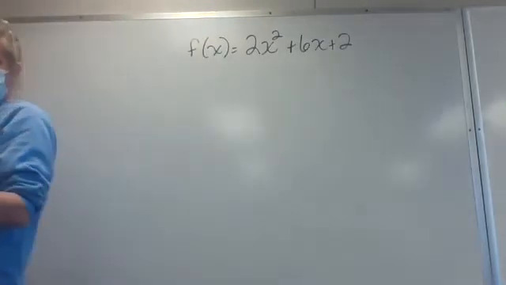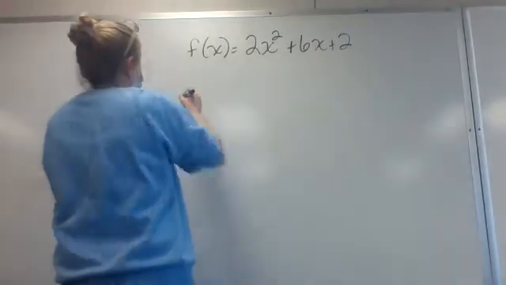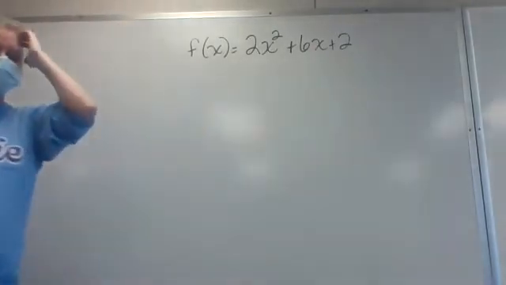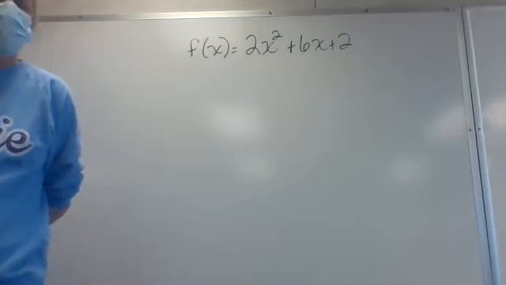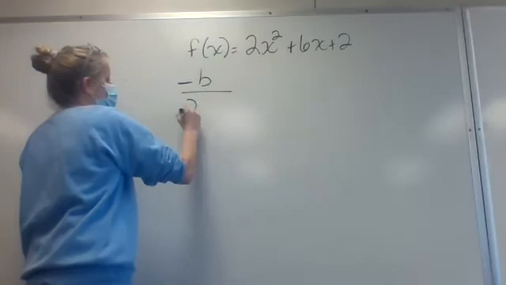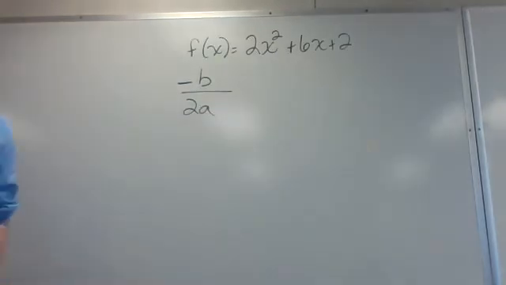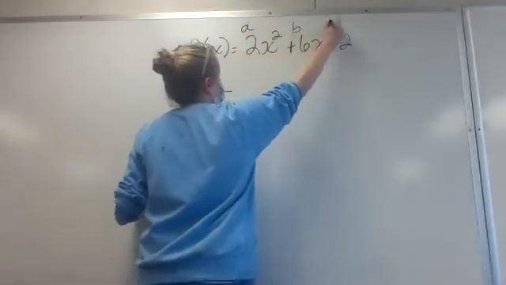So it doesn't tell me what the vertex is, but it asks me what the vertex is. And remember how you find the x coordinate of that vertex. That's part of that quadratic formula. It's the part that's on the outside of the radical, which is the opposite of b over 2a.